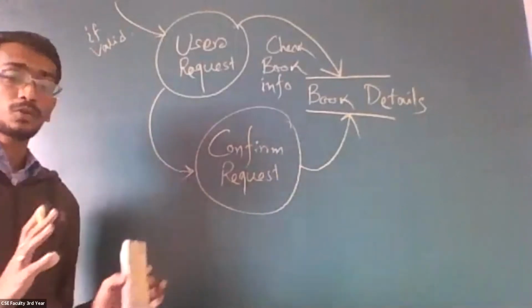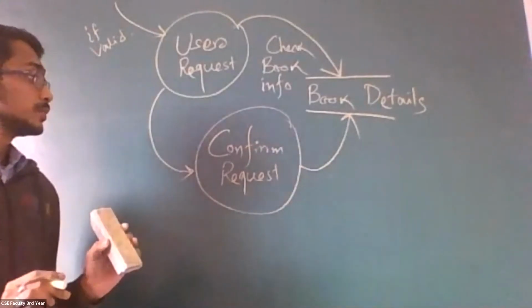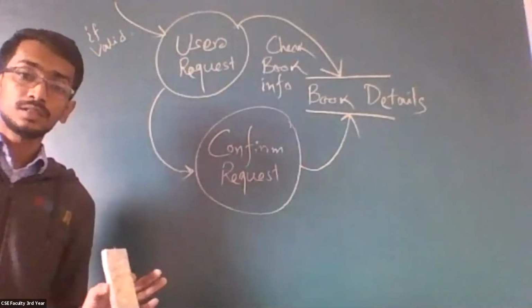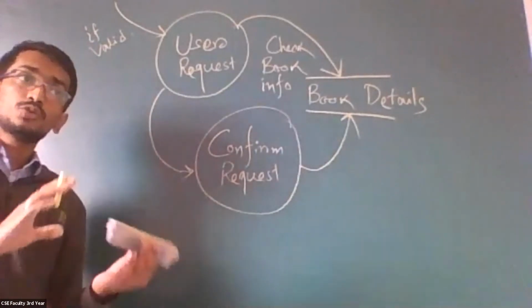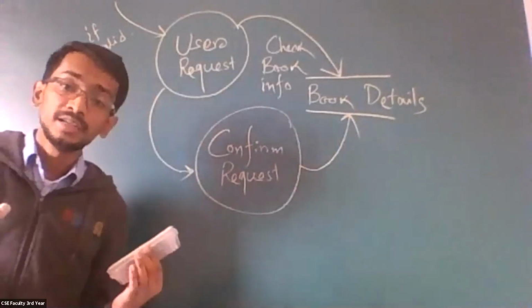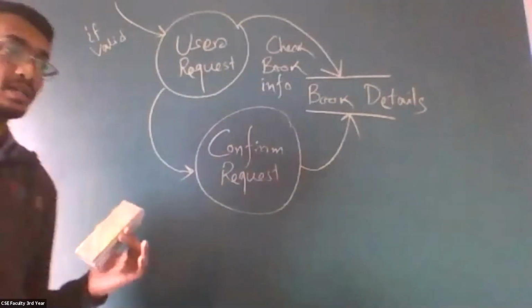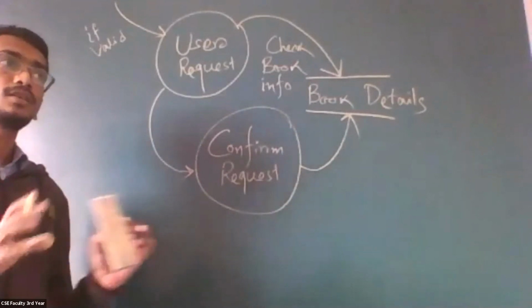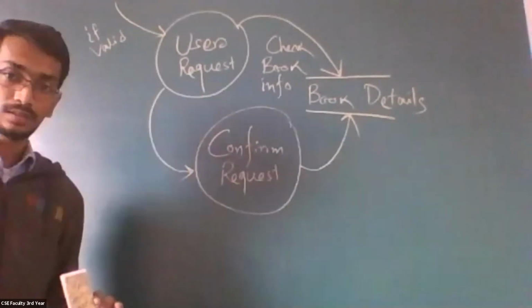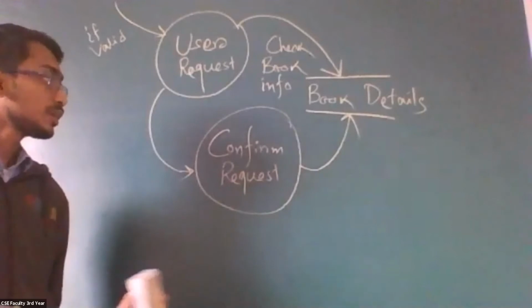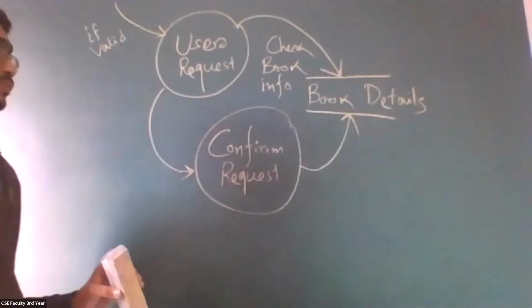We have to check all the processes, and after that we can draw it easily. But before that we have to draw it in our mind first, deciding which processes I will add. After that I will draw the entire thing. So confirm request can be our process here.